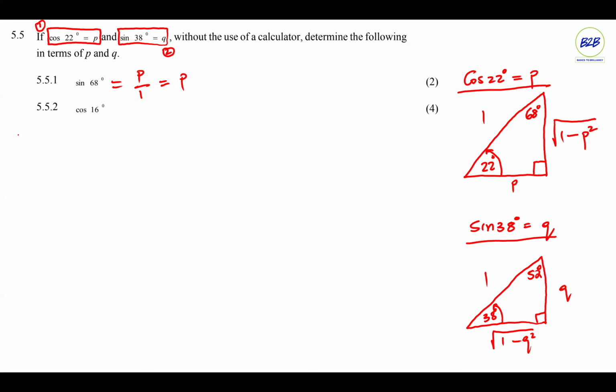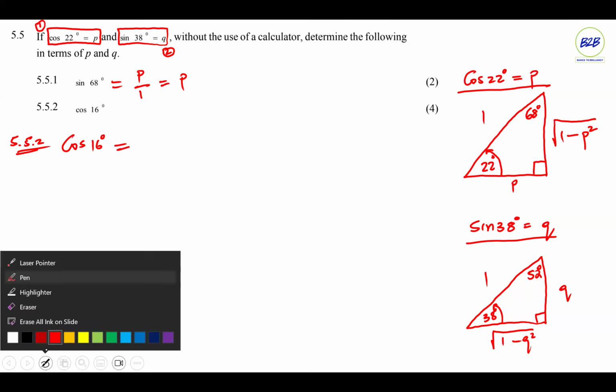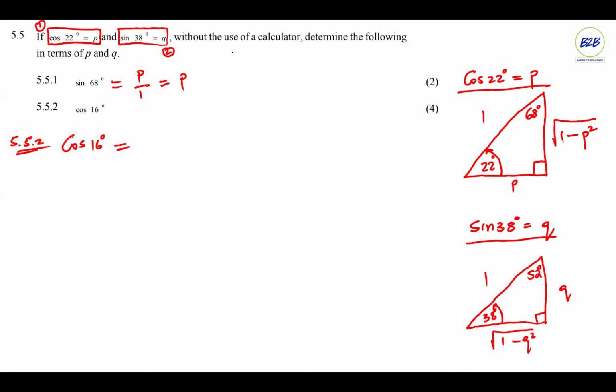Then cos 16 degrees? That is a lovely question, actually. A very lovely question. 16 degrees. We will now remember what I had mentioned previously.